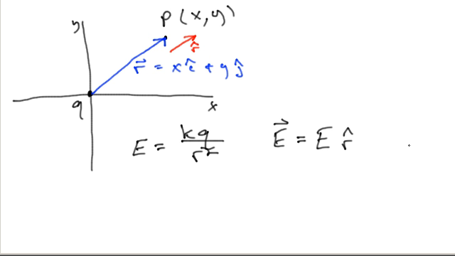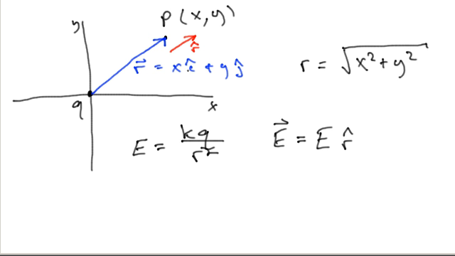So let's see. In order to calculate this E, I need to find out what R is, the magnitude of R vector. R is equal to the square root of X squared plus Y squared.